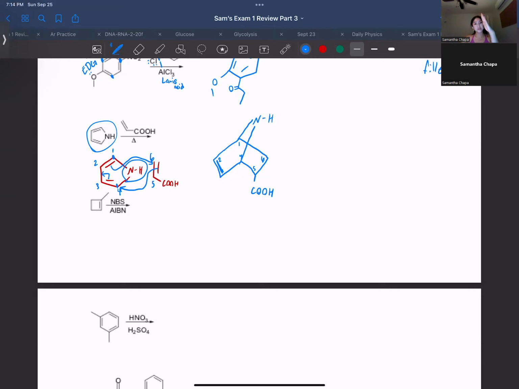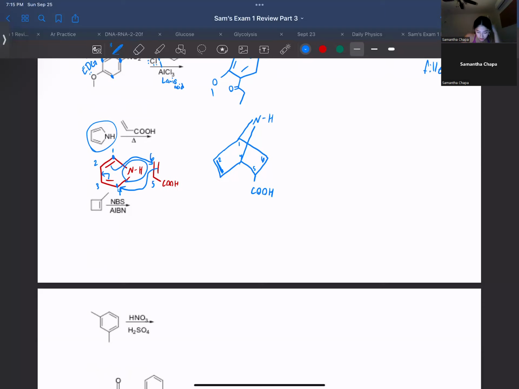Because the nitrogen group is going upwards, so it's a bridge. If I put my carboxylic acid group going upwards as well, there would be steric interactions between them. So since I'm putting my carboxylic acid going downwards, we have less steric interactions and a more stable compound. So that's the only product that I'm going to draw here.